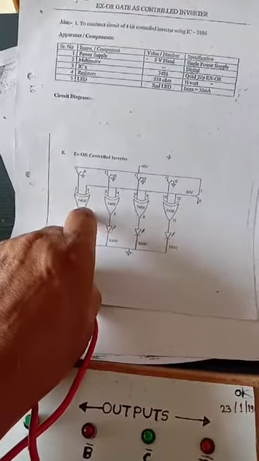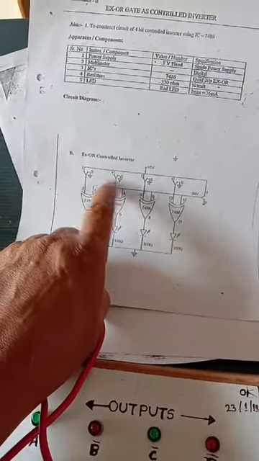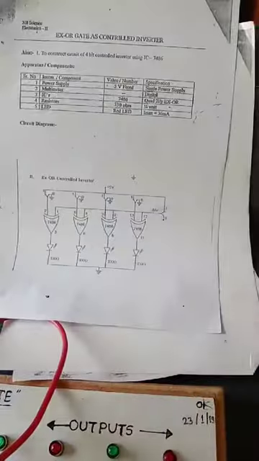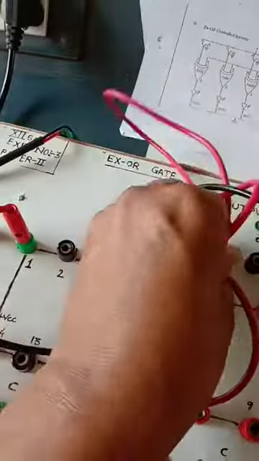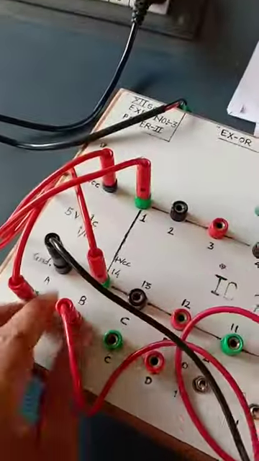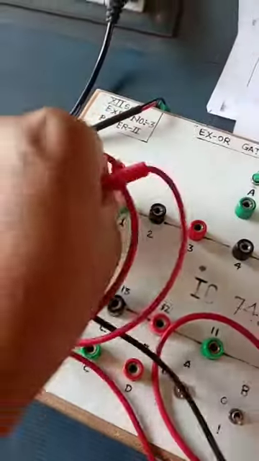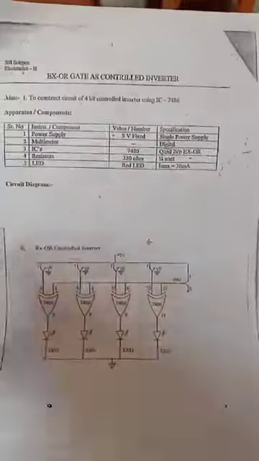See the logic diagram of 4-bit XOR as controlled inverter. First disconnect this circuit, except the power supply connections. Then see here, this is the logic diagram.